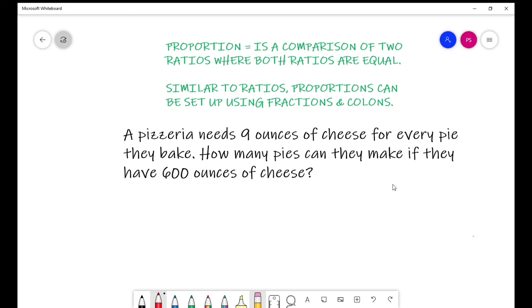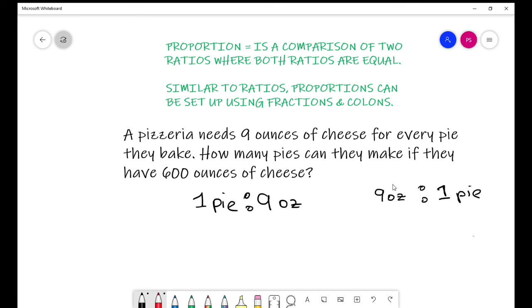So the first ratio that we need to determine is that for every pie they bake, so for one pie, they need 9 ounces of cheese. I can also look at the same information as 9 ounces of cheese are needed for each pie.